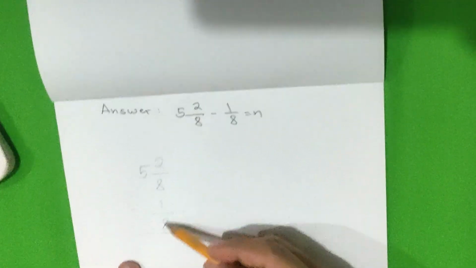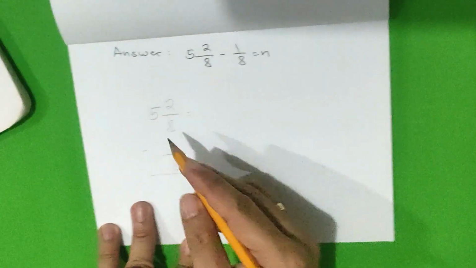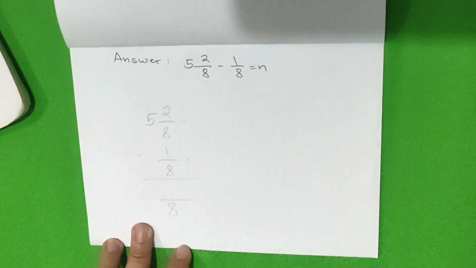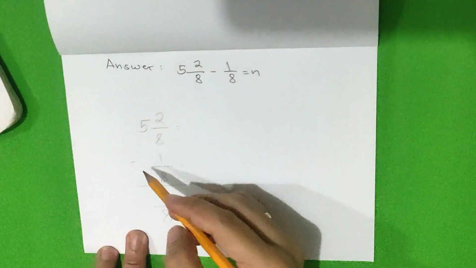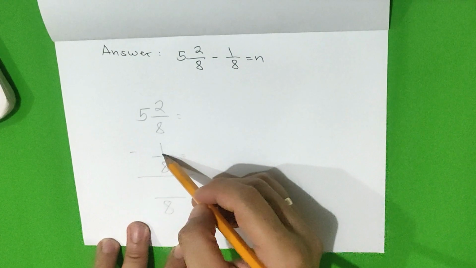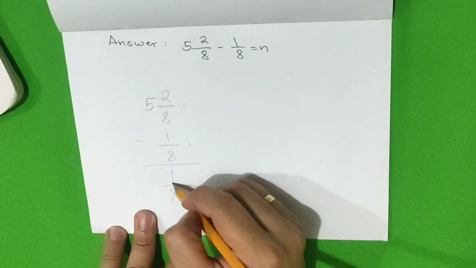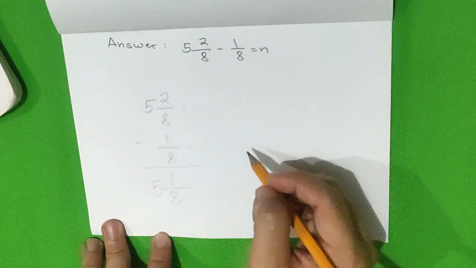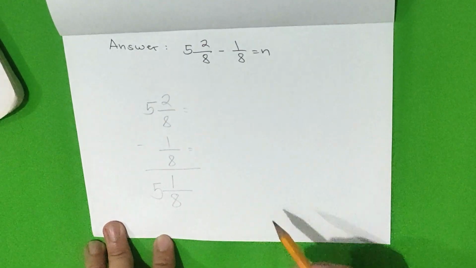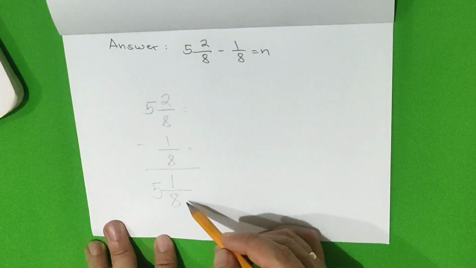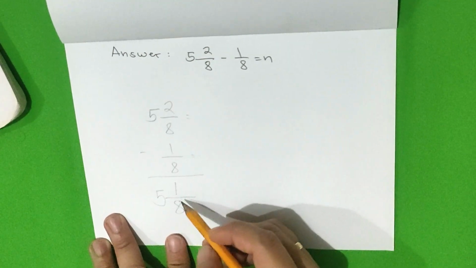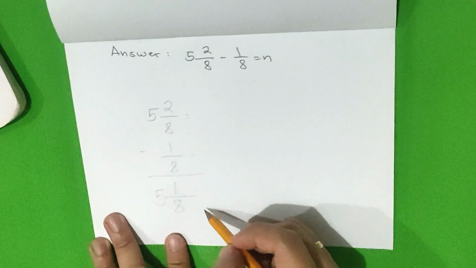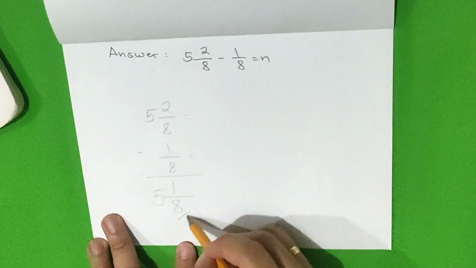Since our denominators are the same, or the set of fractions are similar, let us just copy the denominator 8 and subtract 2 and 1, which is 1. And let's just drop the whole number 5. Since our difference 5 and 1/8 is at its lowest term, this is our final answer.